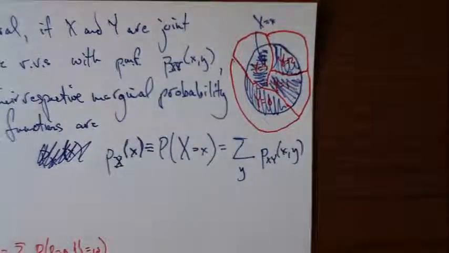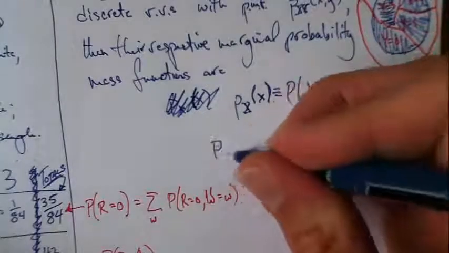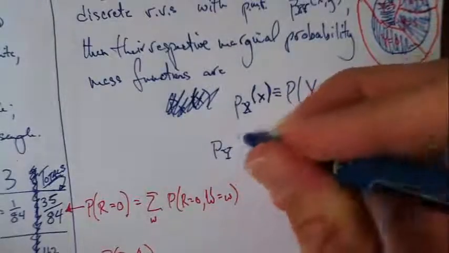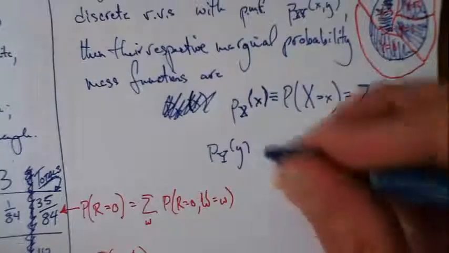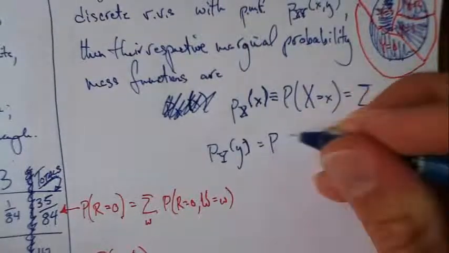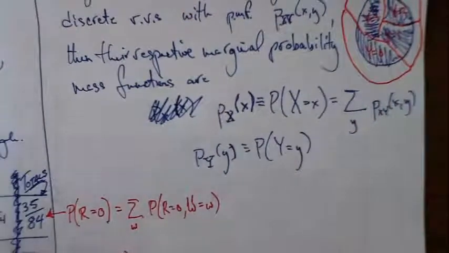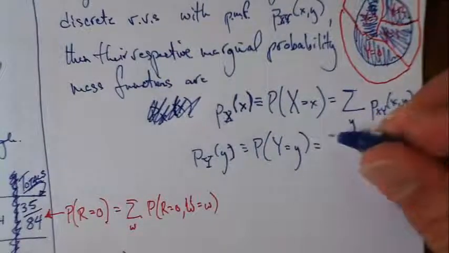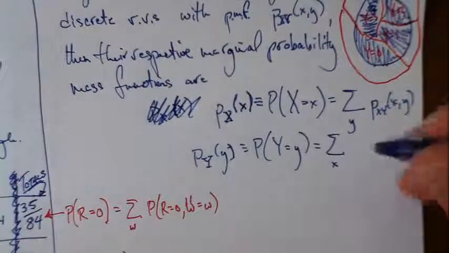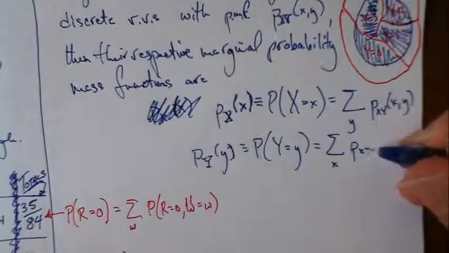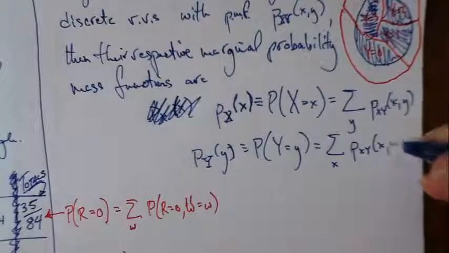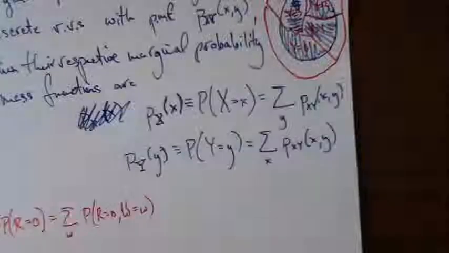Similarly, if I want the marginal probability mass function for y, that's just the probability that y equals y. That's what it means. The marginal probabilities are just the probabilities. It's as simple as that. But this gives us a way to distill it out of information about the joint distribution.